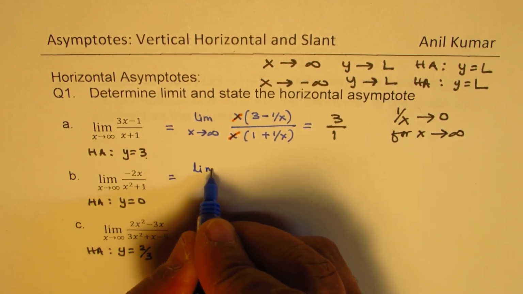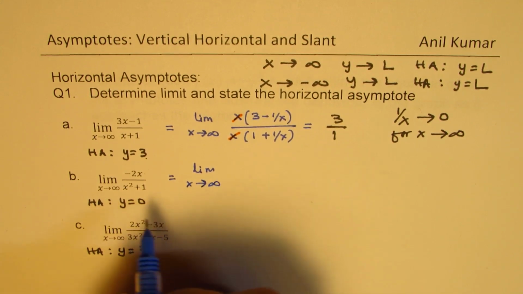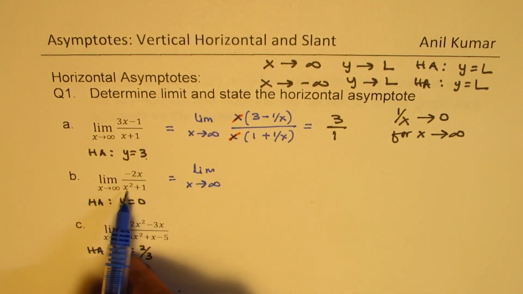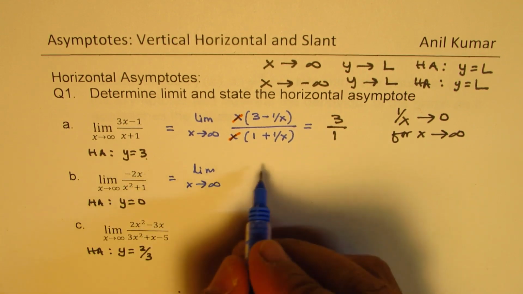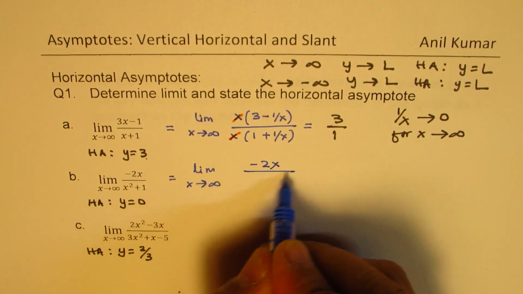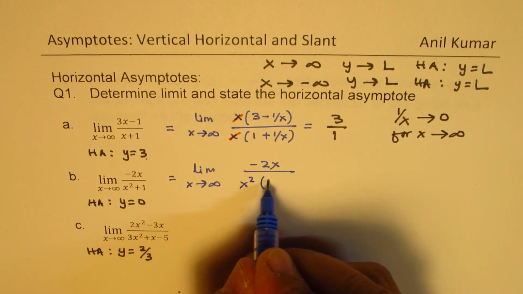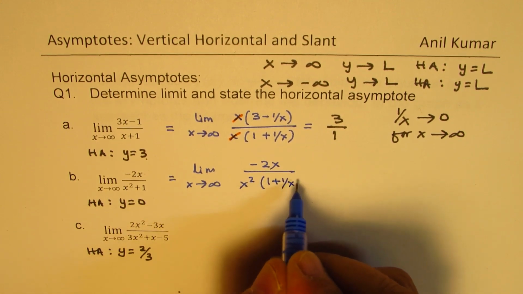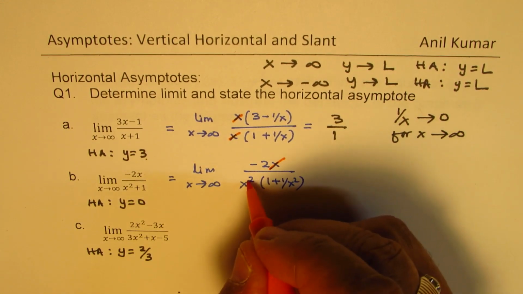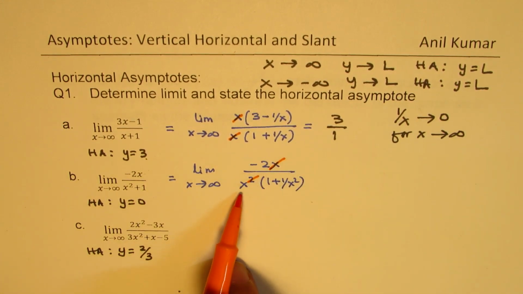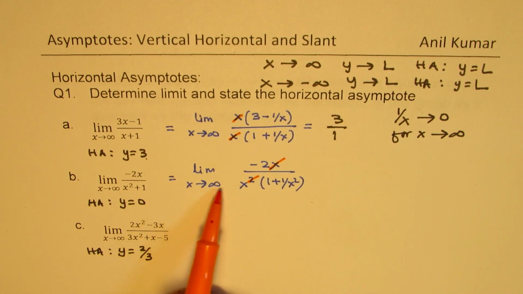We have limit x approaches infinity, and here we have x, here we have x squared. So now let's take x squared common. So we have minus 2x over x squared, 1 plus 1 over x squared. Now in this case, one of those x's gets cancelled, you get x in the denominator. So when x is very, very large, that makes it 0, right?